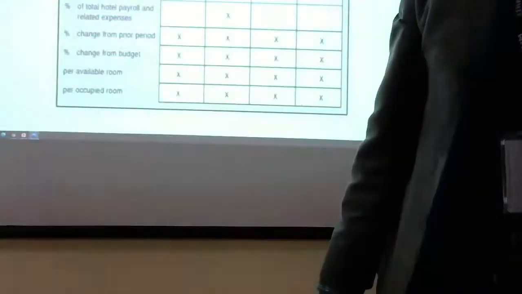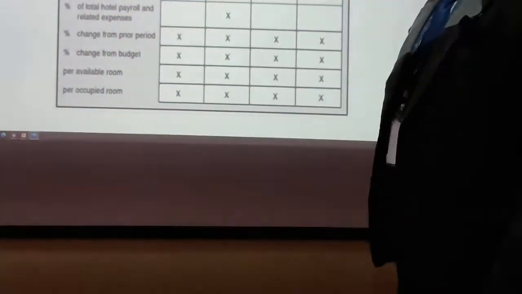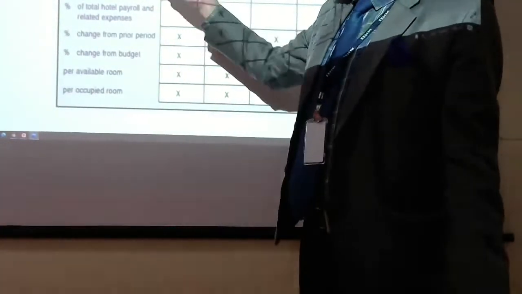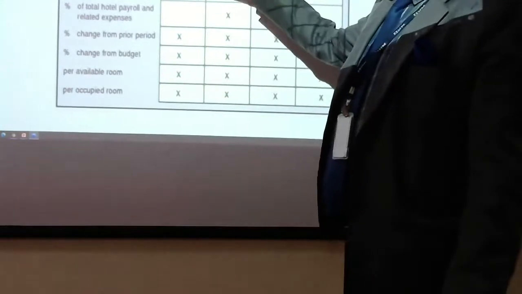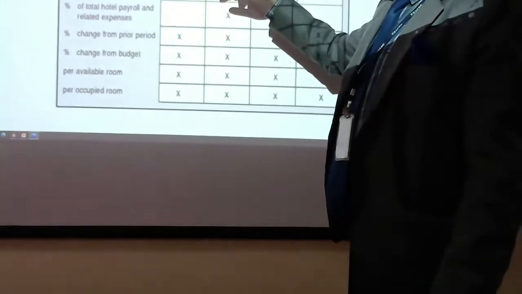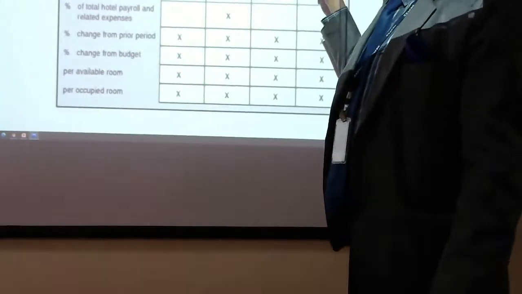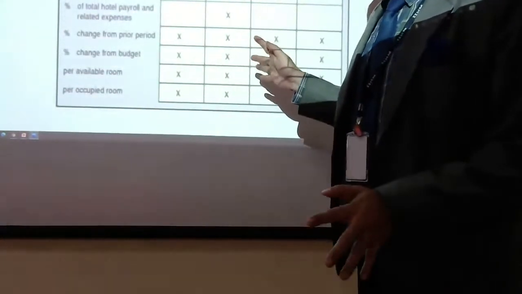Coming down to operating ratios. These are occupancy ratios and these are operating ratios, and what operating ratios are, we'll take a close look at. Basically we are talking about net revenue as a percentage of total hotel revenue. This doesn't hold here, so as a percentage of total revenue, we are talking about payroll, operating, other expense, and departmental income. We have to fill up those parts which are not crossed, because those are applicable, while the crossed parts are not applicable.